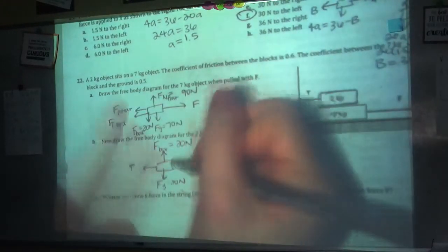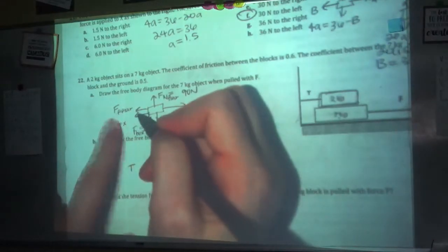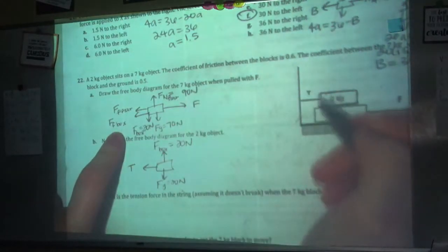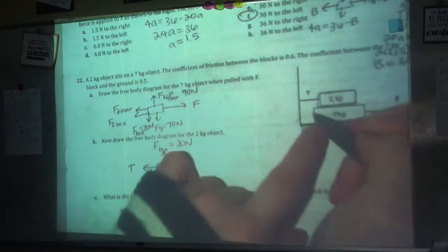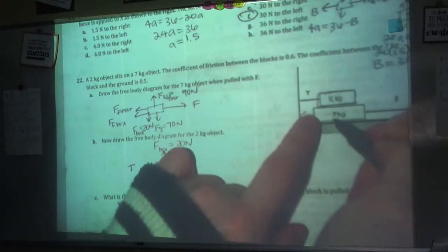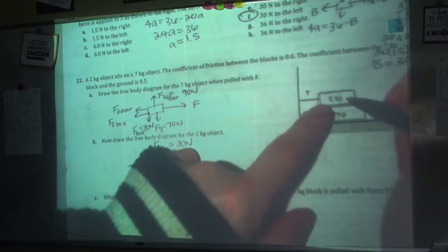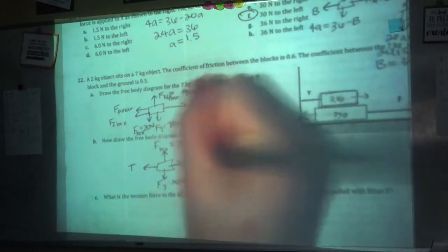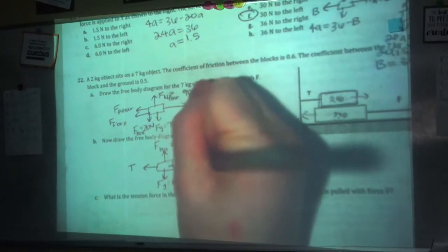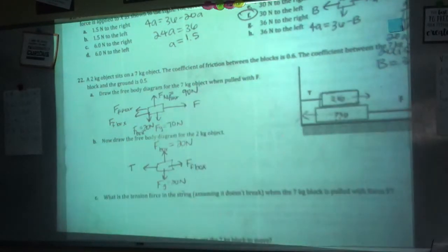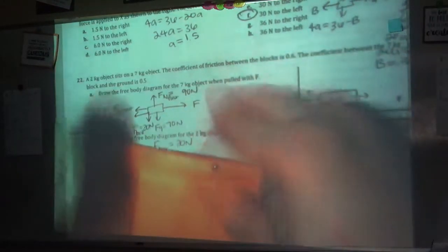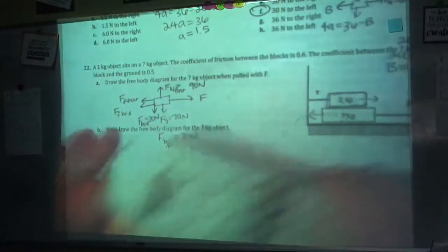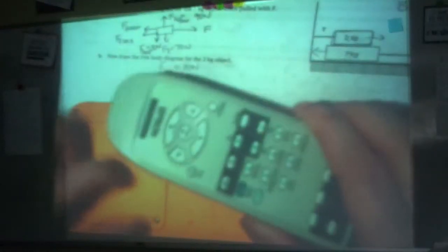And then this is the tricky part. The friction between the boxes is going to point to the left for the 7 kilogram box, and it's going to point to the right for the 2 kilogram box. So force of friction between the boxes. And the reason why is because think about the friction of the calculator on the remote and the remote on the calculator.